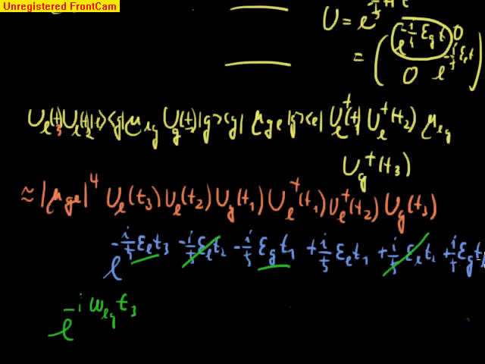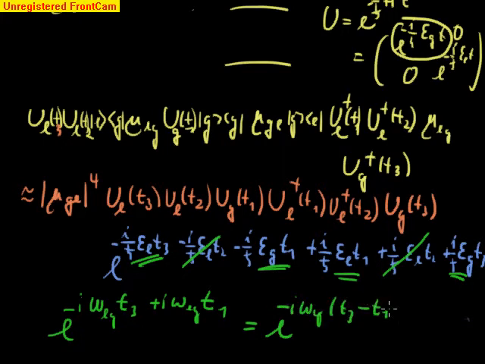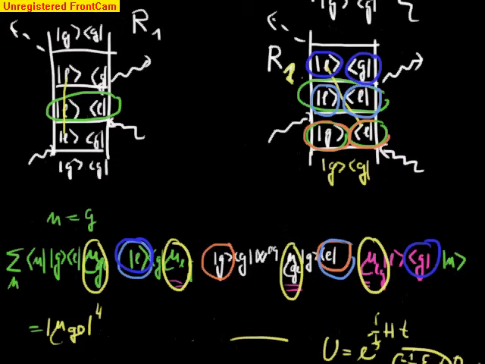And then there is this t1 contribution, which is this and this, and that has a different sign, plus omega EG t1. So this is the overall phase factor, omega EG, t3 minus t1. That's the overall phase factor of the pathway R, whatever we have chosen up here. It's the pathway R2.